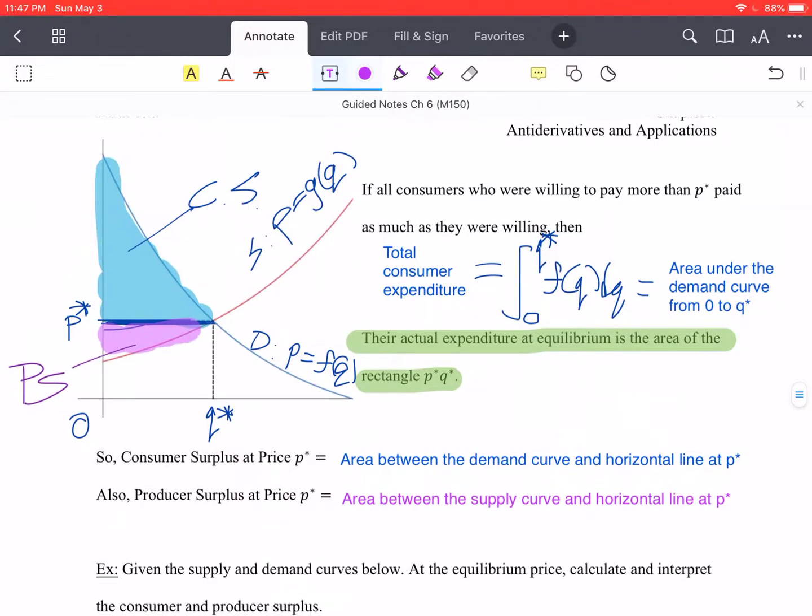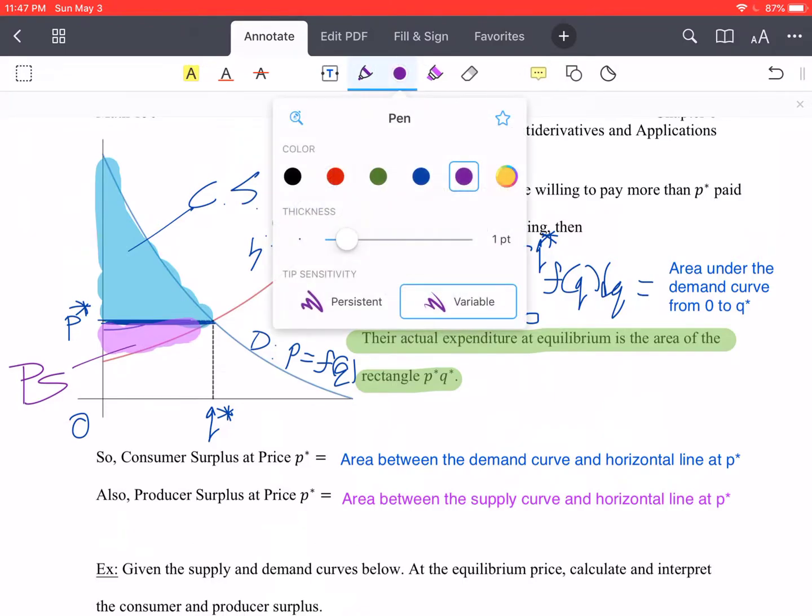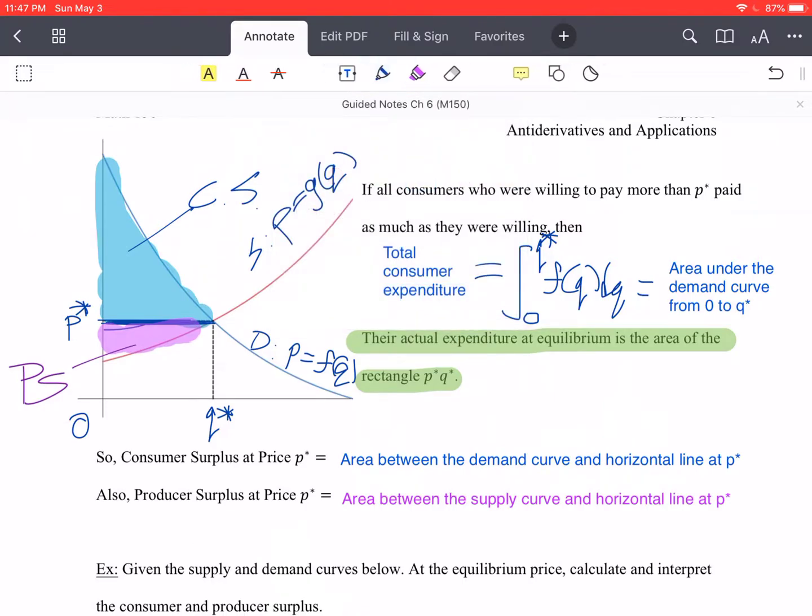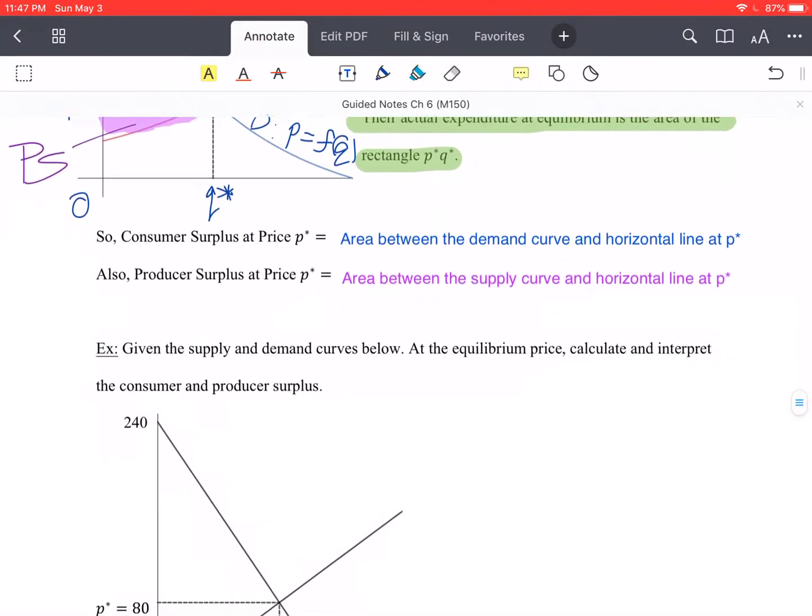So again, consumer surplus: what are all the people saving by spending at the lower price instead of what they would be willing to pay? Producer surplus: what are the suppliers making by selling at the slightly higher price than they would have been willing to otherwise? Okay, so let's look at a more graphical example.